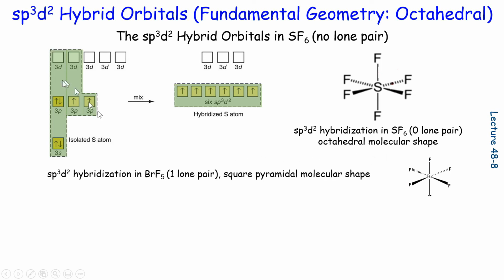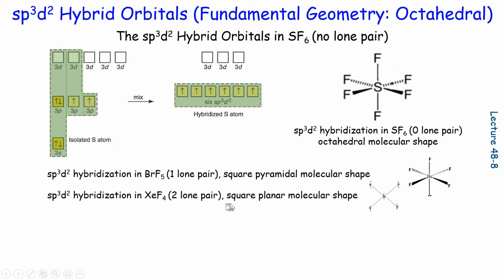Let's take a look at other sp3d2 hybridized molecules or ions. Let's say in BrF5, there is 1 lone pair. The molecular shape is no longer octahedral, so it becomes square pyramidal, because one of the 6 hybridized orbitals is no longer occupied by an atom, is occupied by a lone pair.